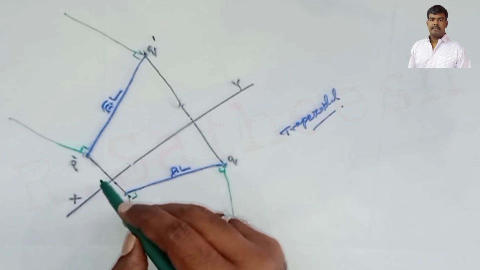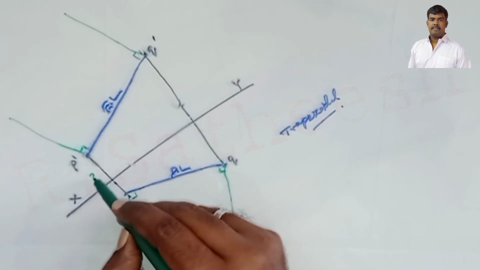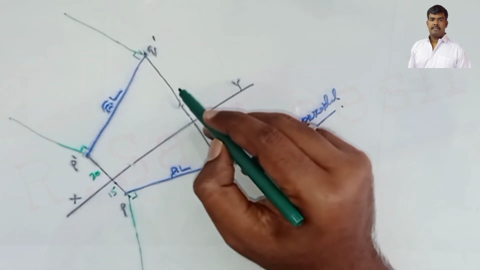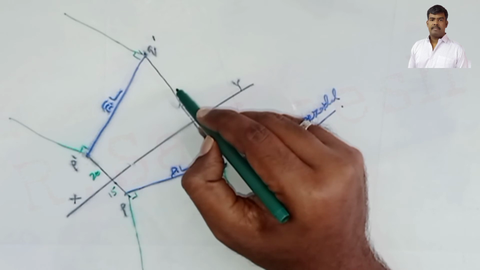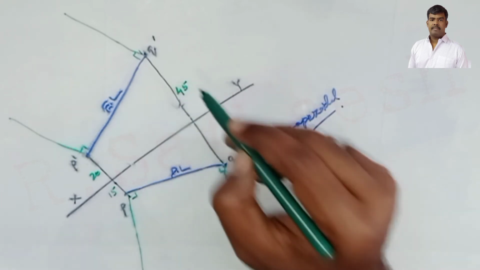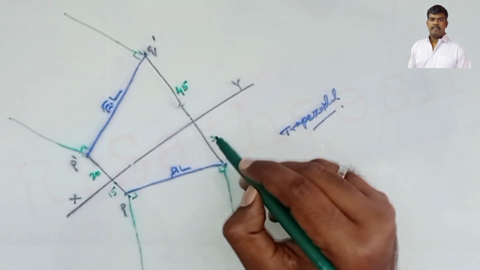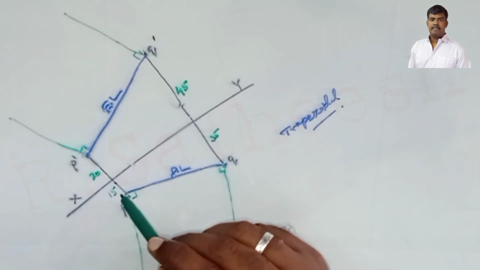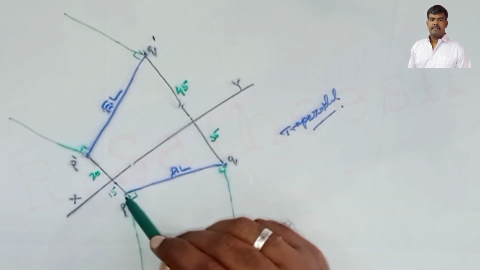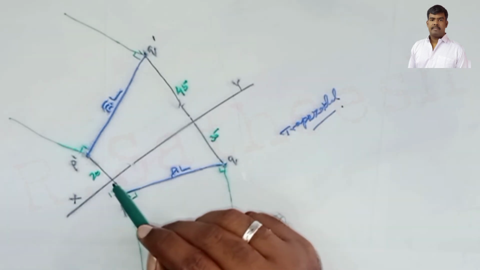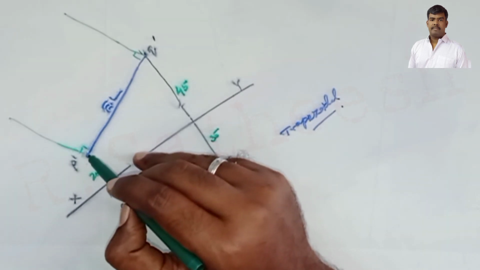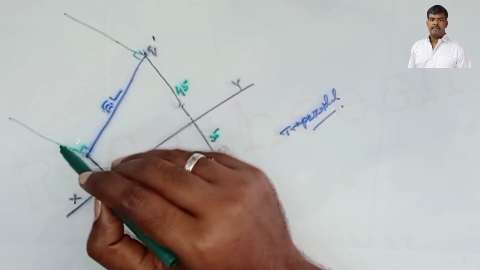You know well that end P is 20 mm above HP and 15 mm in front of VP. On this side, end Q is 45 mm above HP and 35 mm in front of VP. So take the compass. From XY to the top view, that distance is the in-front distance, 15, no? So the distance of point P from XY is 15. You mark that 15 from P dash on that perpendicular line.